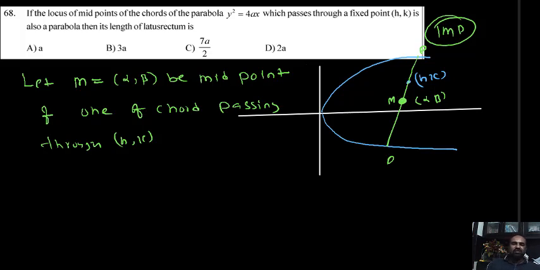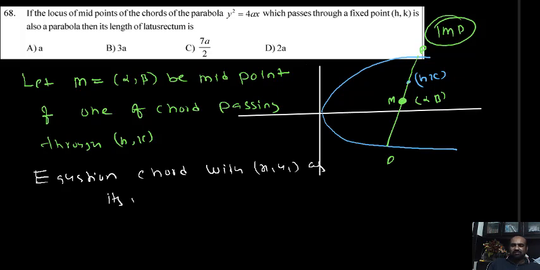First of all, we know the equation of a chord with its midpoint. The equation of the chord with x1 comma y1 as its midpoint is S1 equal to S11, an already established fact.